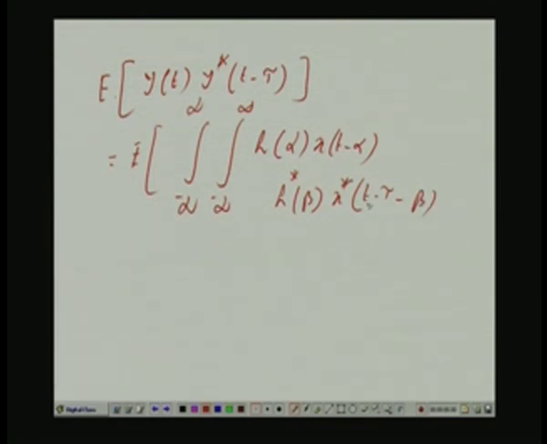Here the time of interest is t minus tau, so the convolution variable is beta. So, h star of beta x star, because y star is present here, and the integral is with respect to alpha and beta. You push E inside because of linearity of the E operator. E will work directly on the product of x and x star, because h is non-random.